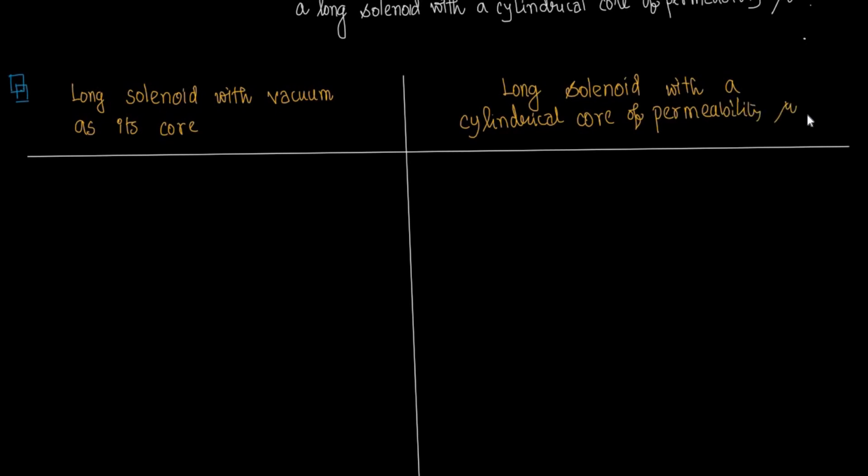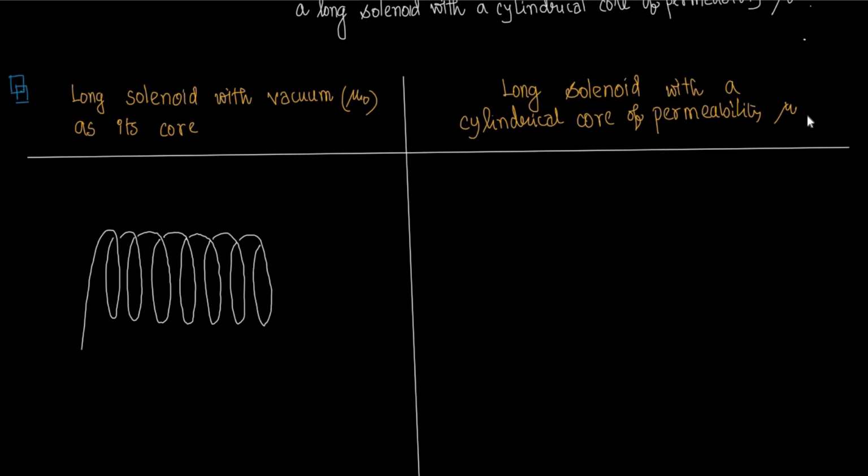On the left hand side we have a long solenoid with vacuum having magnetic permeability mu 0 as its core, and on the right hand side we have a long solenoid with a cylindrical core of magnetic permeability mu, and that is what we have to compare. Now we can draw a long solenoid in which an insulated copper wire is wound in the shape of a helix, such that there is vacuum as core inside the solenoid, and an electric current I is sent through the solenoid.